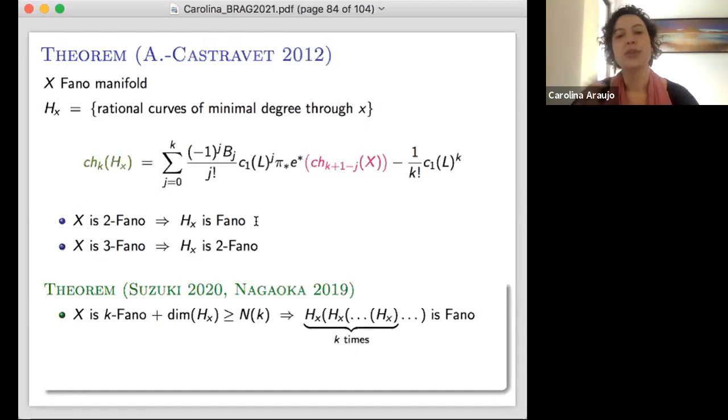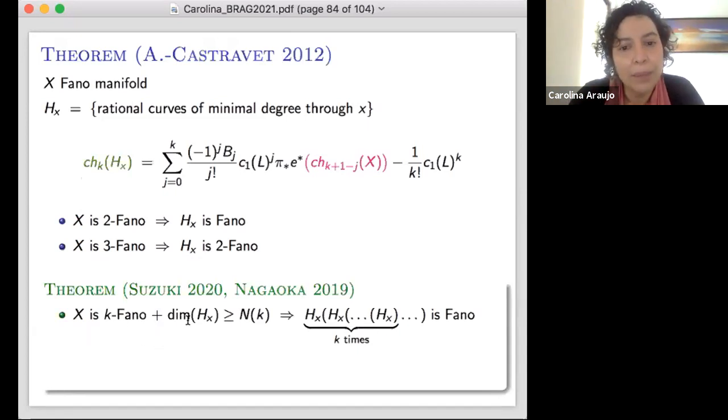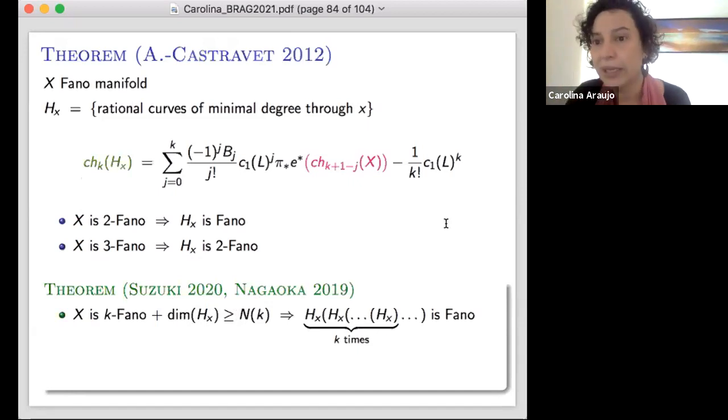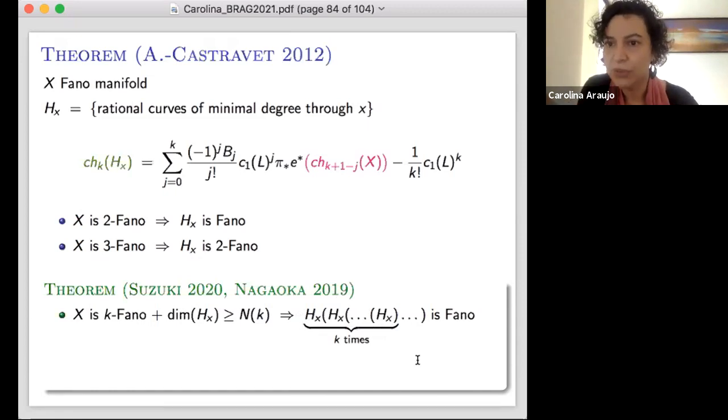If you assume that X is k-Fano, and you also assume that the space of rational curves of minimal degree has dimension big enough, then they started to look not only at this, by which I mean the rational curves of minimal degree through X.